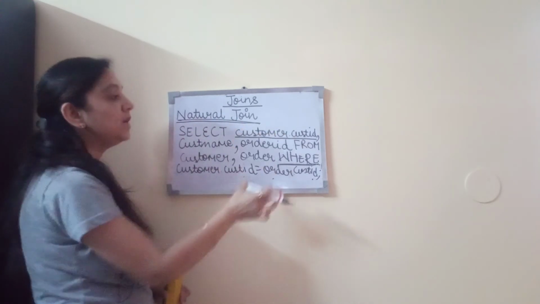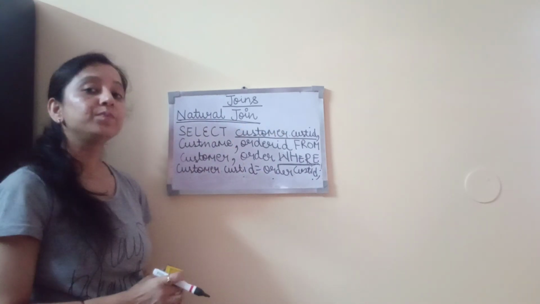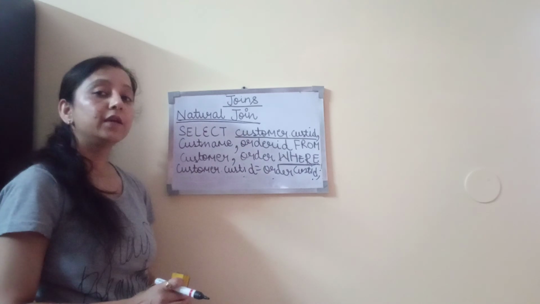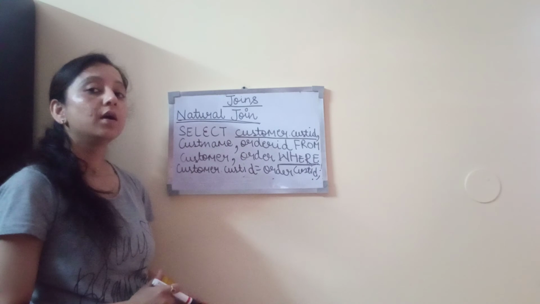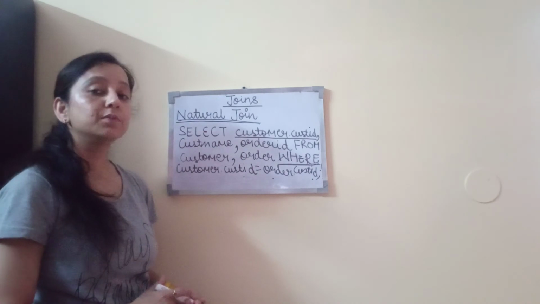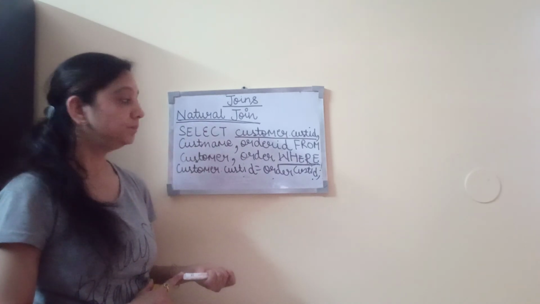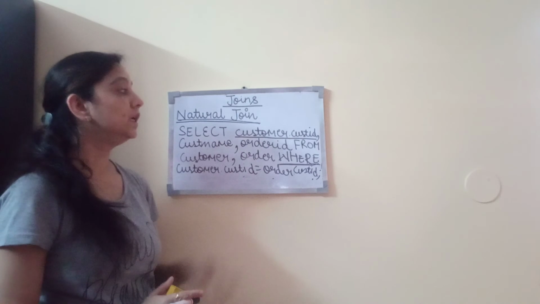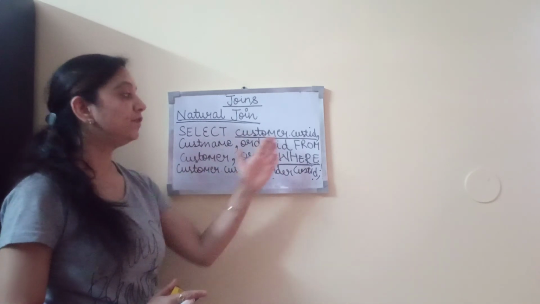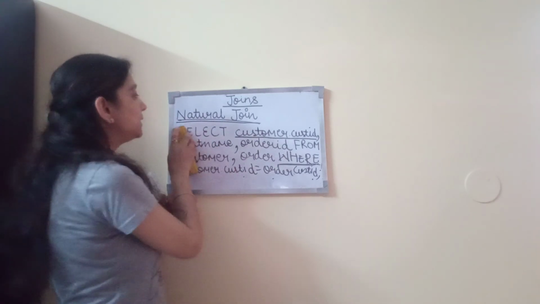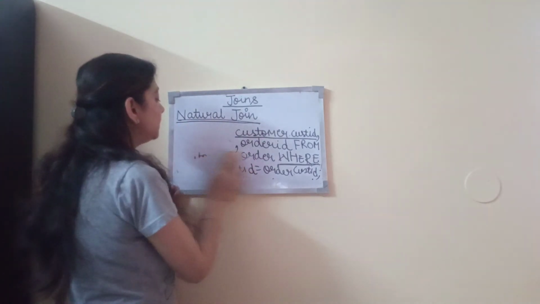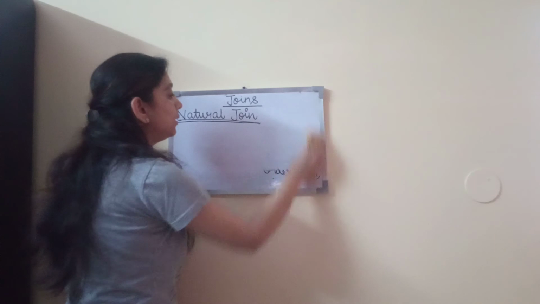So this query will give you the same result, that is, the list of all those customers who have placed an order. But here it will eliminate the redundancy of the matching column, the customer ID, which was unnecessary in the case of the previous join, the equijoin.